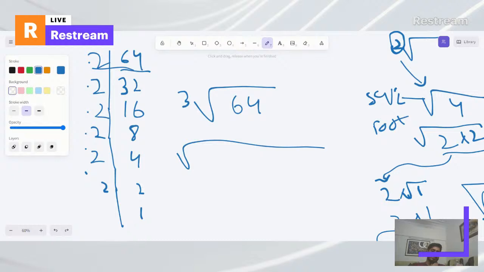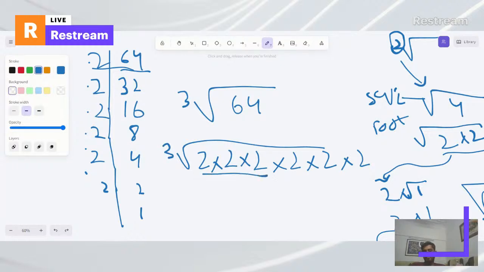Right? So I'm going to write them all down. These are 6 twos. Now, how many pairs am I going to form? Now it's a cube root, right? So I'm going to form groups of threes. 1, 2, 3, one group. 1, 2, 3, second group.